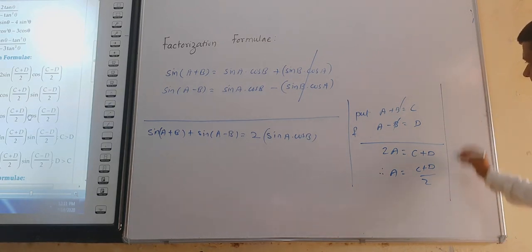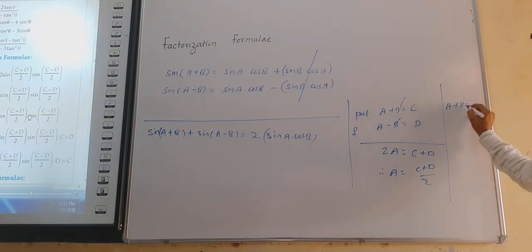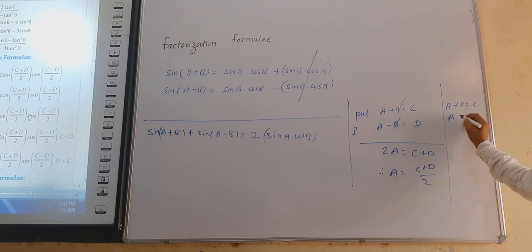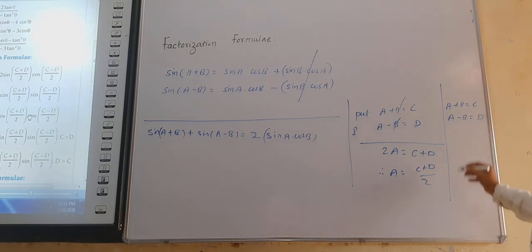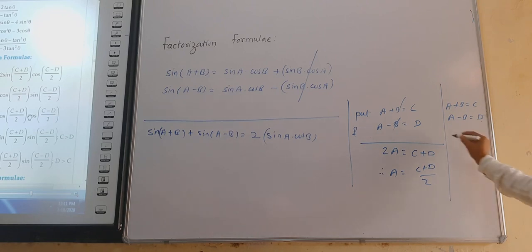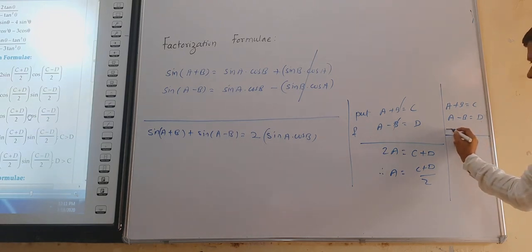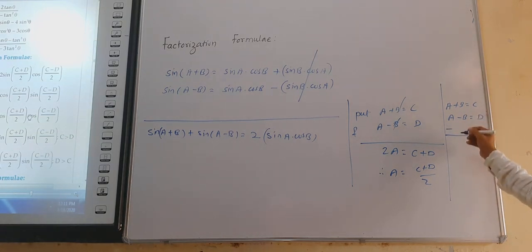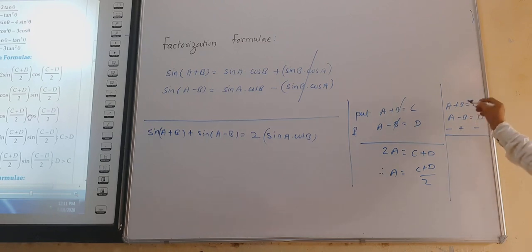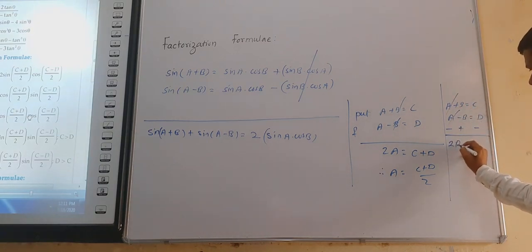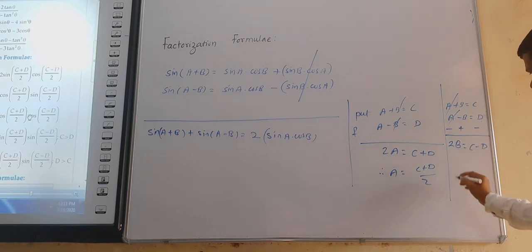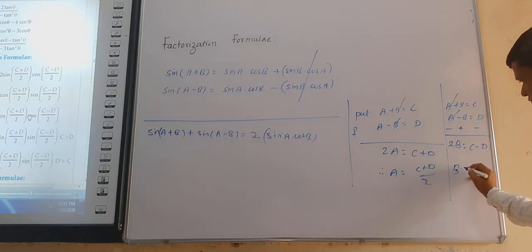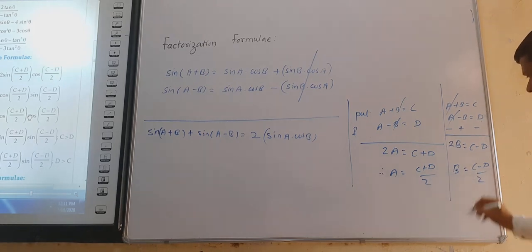After subtraction, we change sign: plus a minus a cancel, b plus b is twice b, equals c minus d. From this, b equals c minus d by 2.